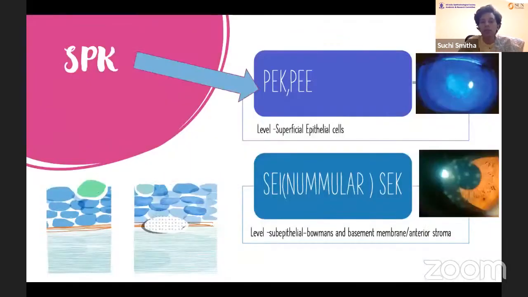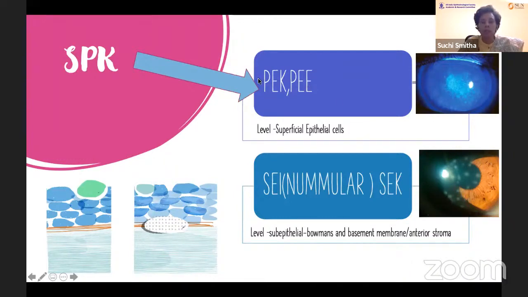Now we need to differentiate this entity from a more deeper lesion, that is the subepithelial keratitis or nummular keratitis or subepithelial infiltrates. It is better not to confuse this condition or call it specifically as subepithelial infiltrates when we see deeper lesions like this in this lower picture.